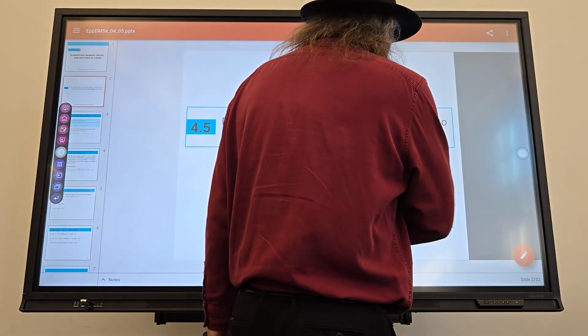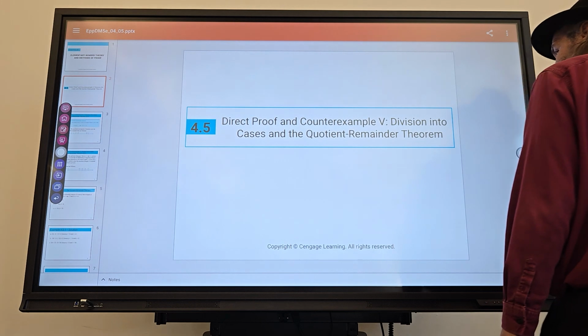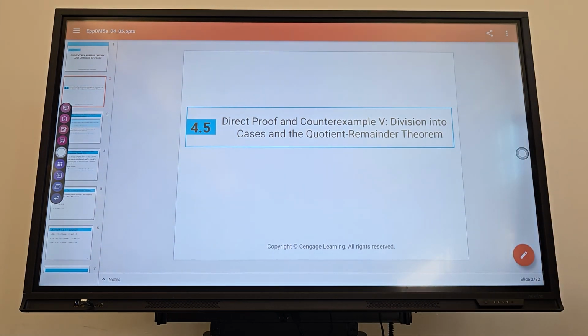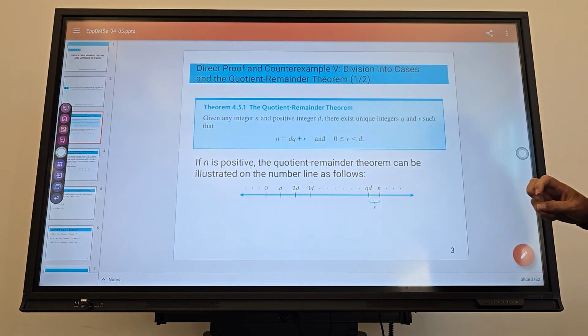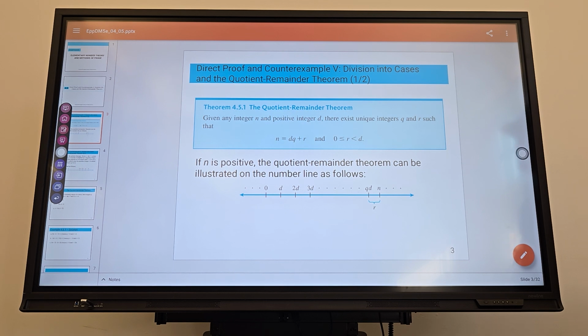Continuing on with number theory and methods of proof. Direct proof and counterexample 4, division into cases and the quotient remainder theorem. We'll start off with the quotient remainder theorem, which states: given any integer n and positive integer d, there exist unique integers q and r such that n equals dq plus r, and r is greater than or equal to 0 but less than d.